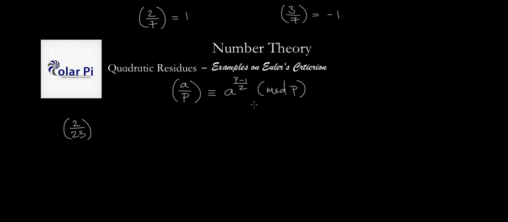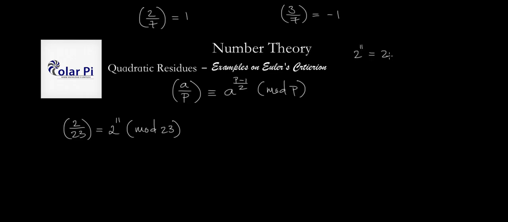Well, can Euler's criterion help? Let's see. Here, a is clearly 2 and p is 23. So the right-hand side says we have 2 to the power of 23 minus 1 divided by 2, so that's 2 to the 11, mod 23. Now, 2 to the 11 is not too bad of an arithmetic problem.